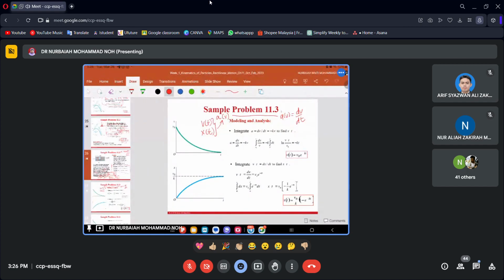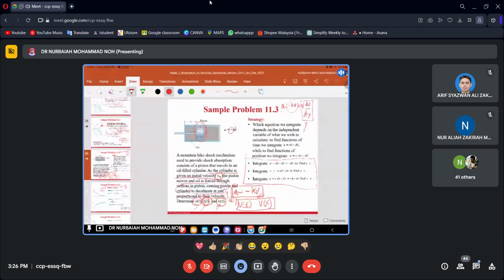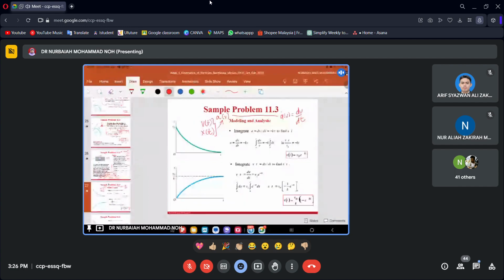Yang I cakap tadi ni, yang ini, apabila you nak cari V as a function of X. If you want to get V as a function of T, then you need to use A equal to dV over dt.